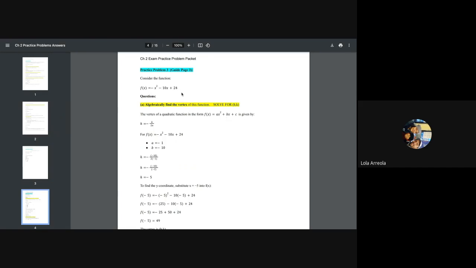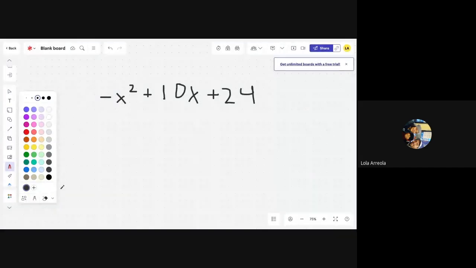Negative x squared minus 10x plus 24. Let me double check. Negative x squared, oh, minus 10x plus 24.